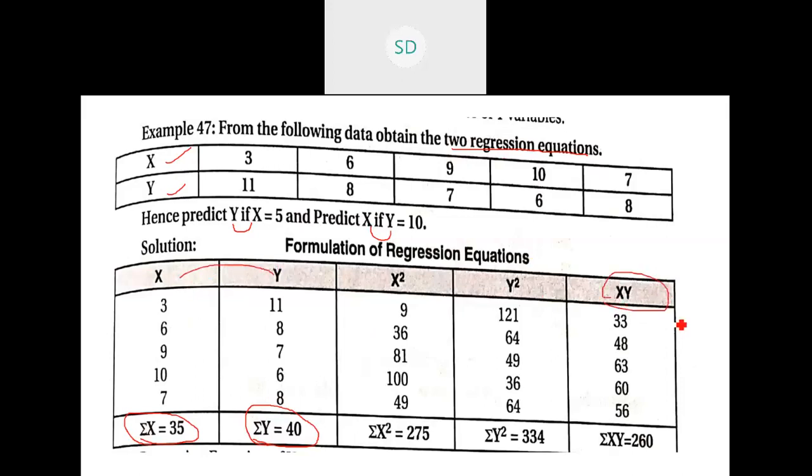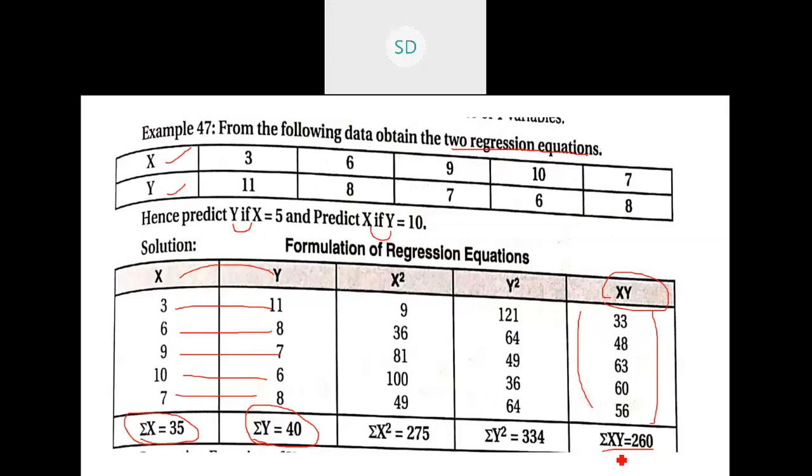We multiply all the numbers here, and once you multiply you get this column. After that you add all the numbers here, that will give you the total. So that is summation xy.